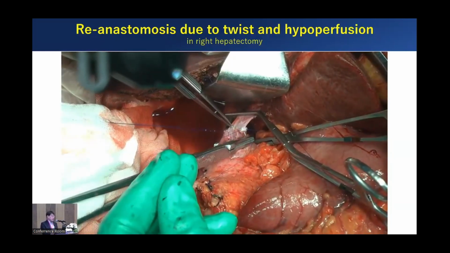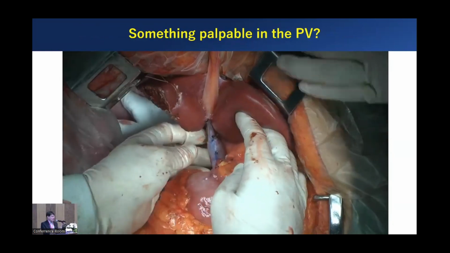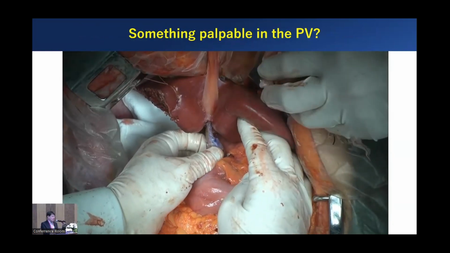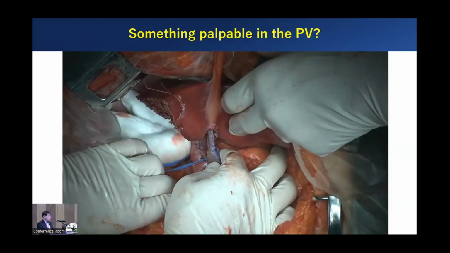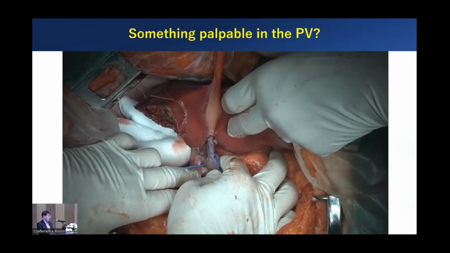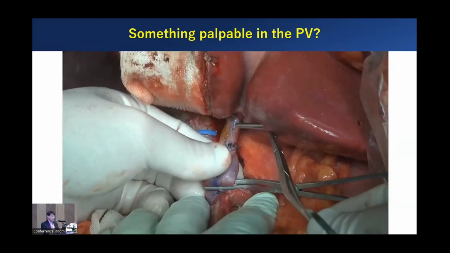So I show another case. There is something palpable in the portal vein by palpation. And also there is a little bit of acceptable rotation shown here. But there's something palpable, so it's soft like gummy.